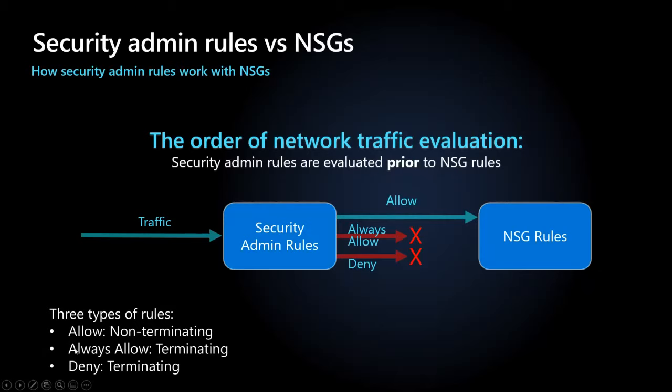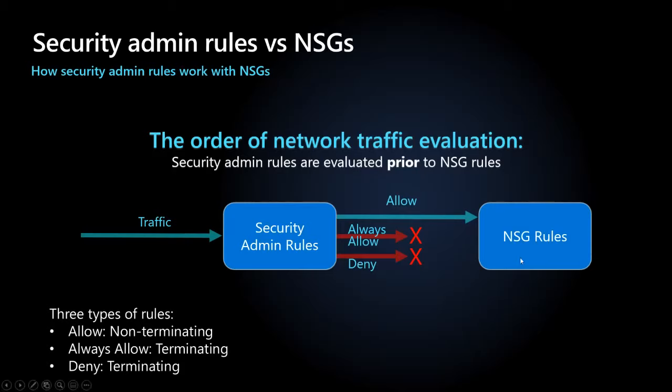three kinds of permissions: allow, always allow, and deny. So we say terminating versus non-terminating. Terminating means the evaluation would stop there. Okay, and non-terminating means the evaluation is complete at the secure admin rule stage and passed on to NSG. So for example, if the traffic comes to secure admin rule and it is allowed by one of the secure admin rules, then it's gonna be passed to the NSG rules.